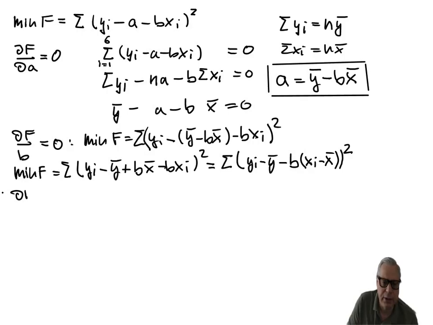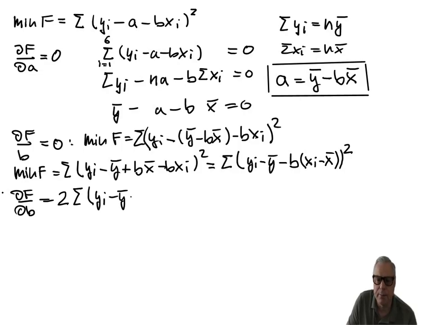So now df with respect to db is, okay, the 2 goes in front, so we have 2 times the sum of yi minus y bar minus b times xi minus x bar.